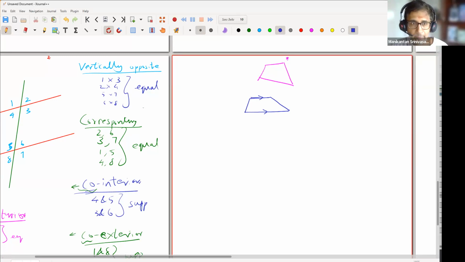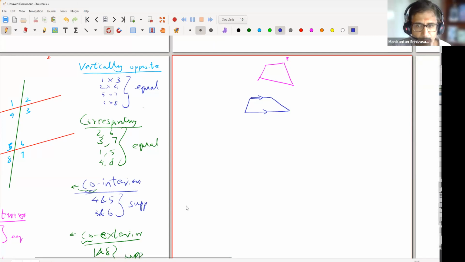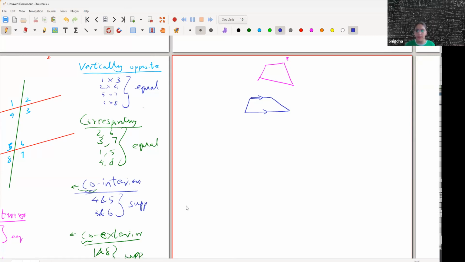So what is a parallelogram then? Snigdha, what is a parallelogram? A parallelogram is where opposite sides of a quadrilateral are parallel and equal. Both pairs of opposite sides are parallel. Yes.